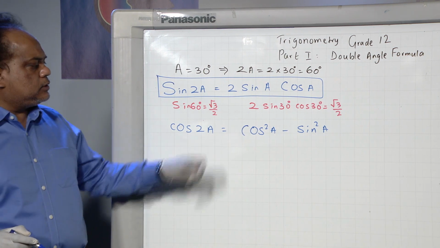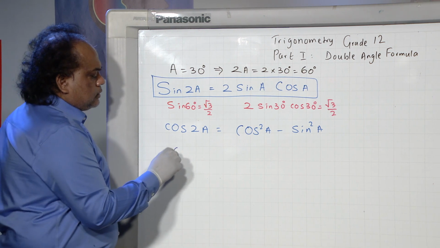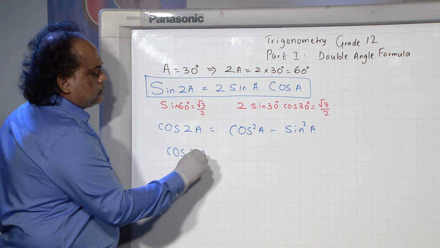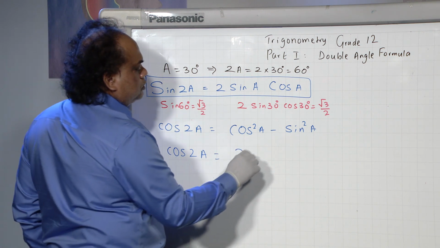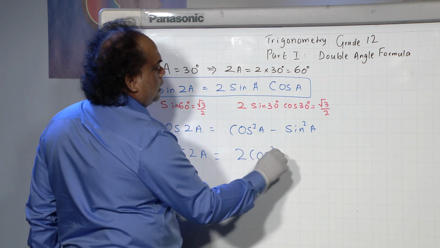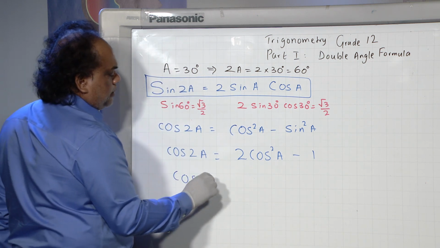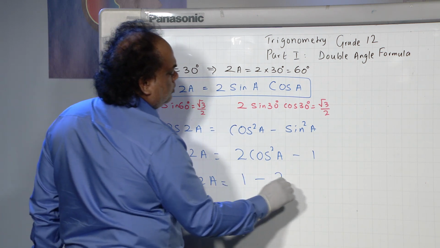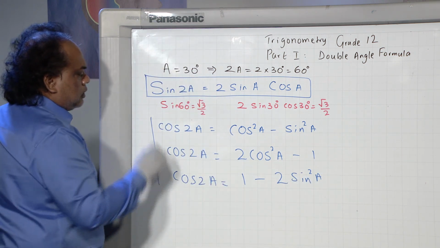Here, cos 2A is cos squared A minus sine squared A. In fact, there are 3 ways that we can write cos 2A: 2 cos squared A minus 1, or 1 minus 2 sine squared A. So you have 3.